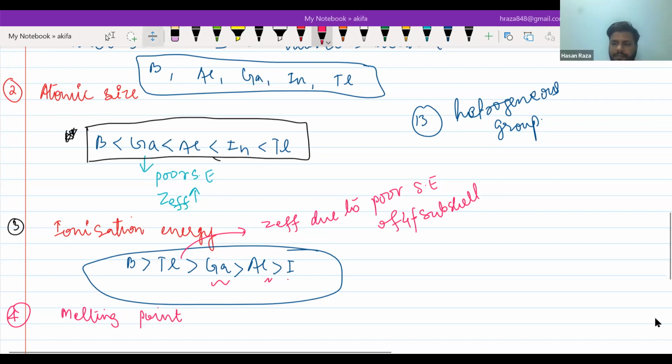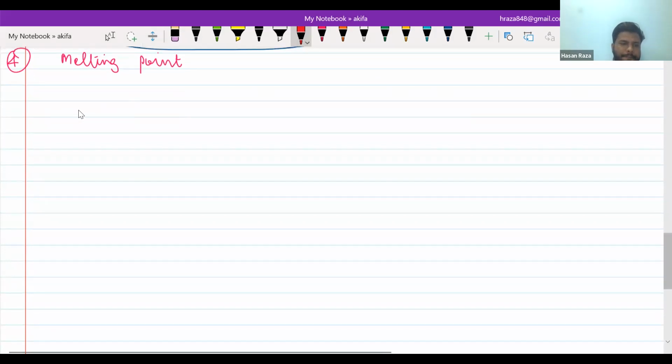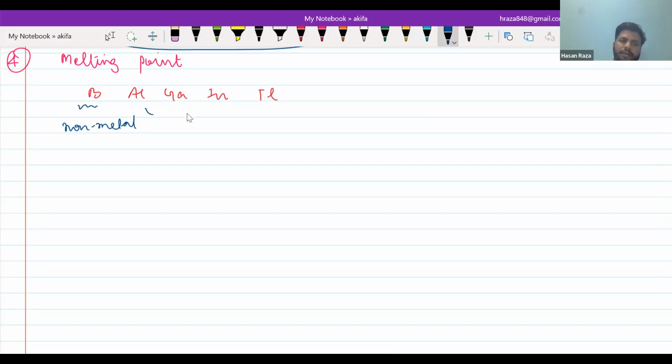Okay, so now we will talk about melting point. Boron, aluminum, gallium, then indium, then thallium. Boron is a non-metal, and after that all are metals. Generally, metals have more boiling and melting points than non-metals.